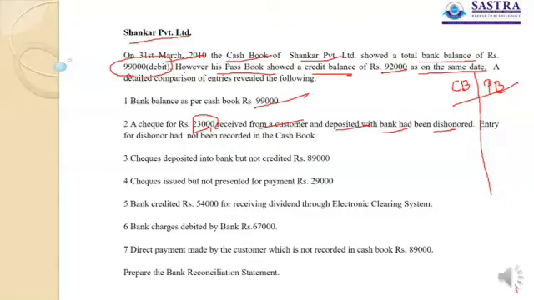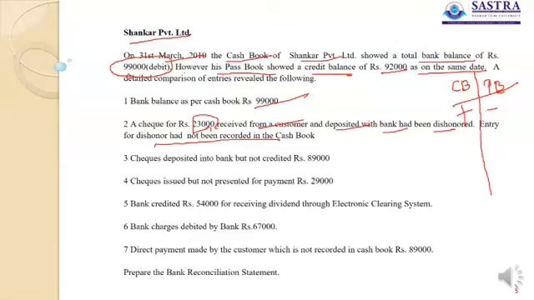The first transaction itself is the dishonor of the check. What does it indicate? Factually, the check which has been received might have been entered in the cash book as a receipt and remitted into the bank for collection, but the bank dishonors it, so that the cash book is plus and the passbook is minus. The entry for the dishonor had not yet been recorded in the cash book. That is the fulcrum of this transaction.